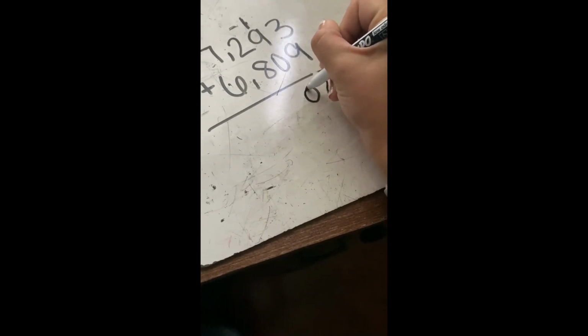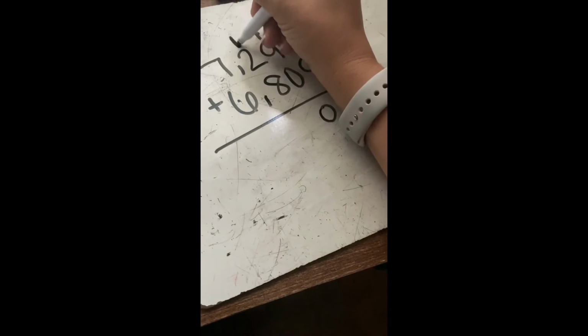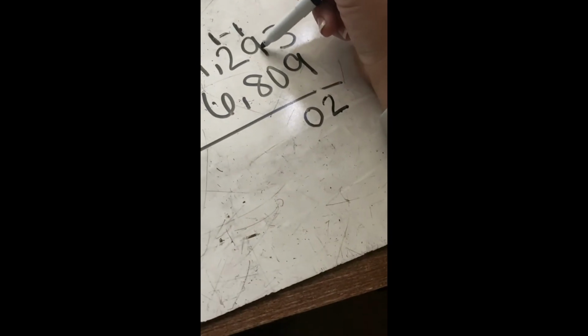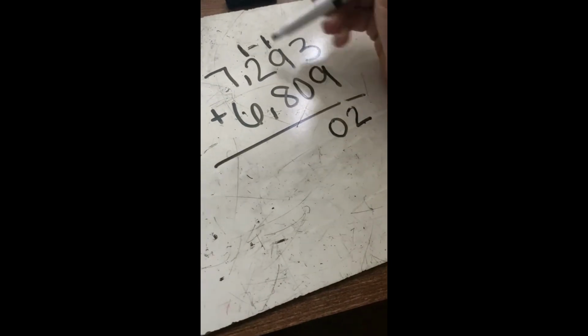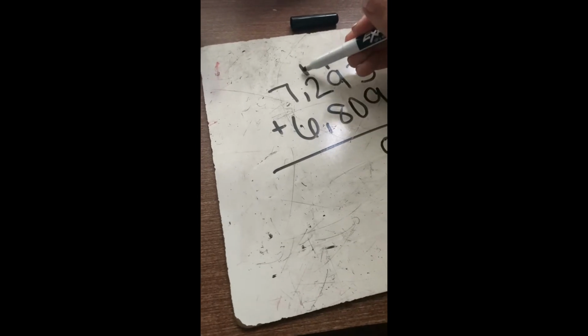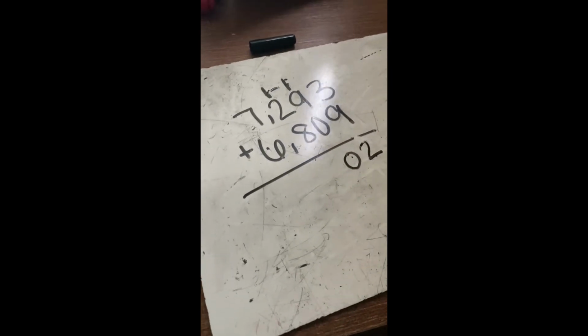So I'm going to put the 0 here, and I'm going to carry the 1 into the hundreds place because really this is 90 plus the 10 that we brought over. 90 plus 10 is 100, so I have to carry the 100 up here.